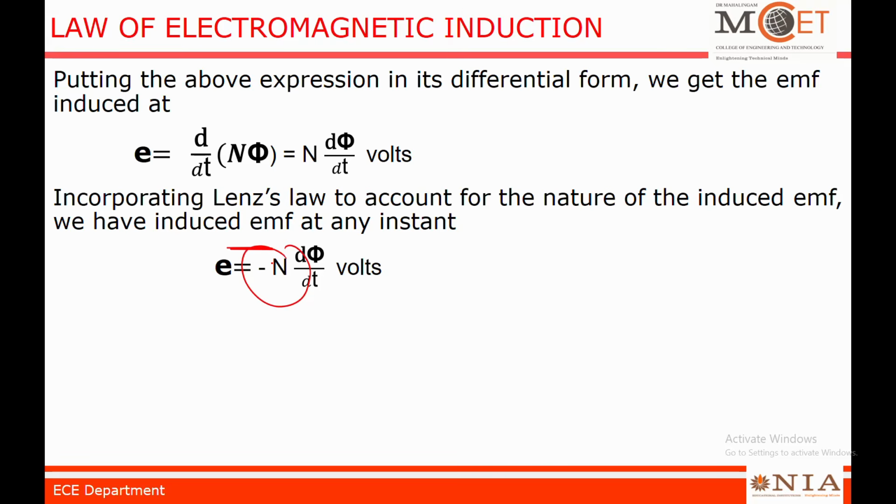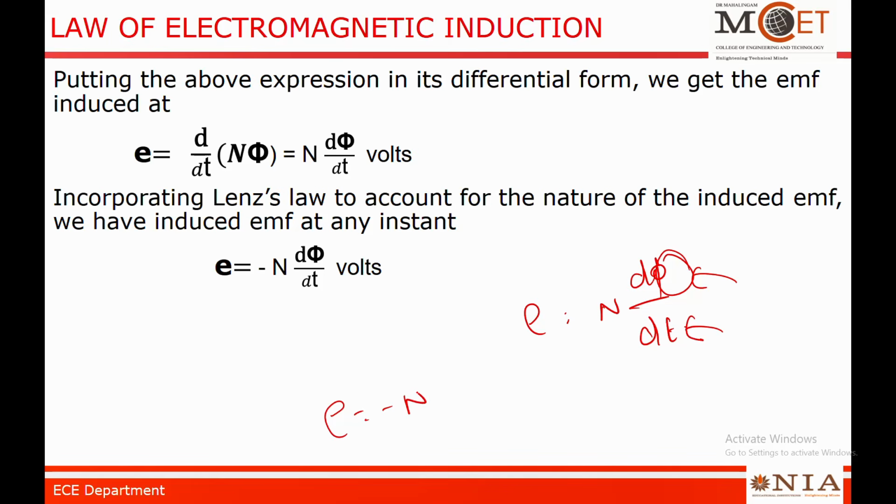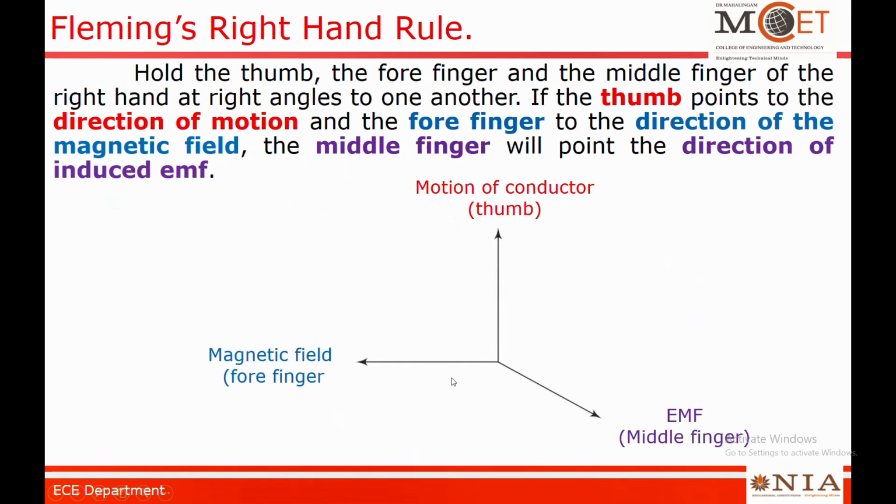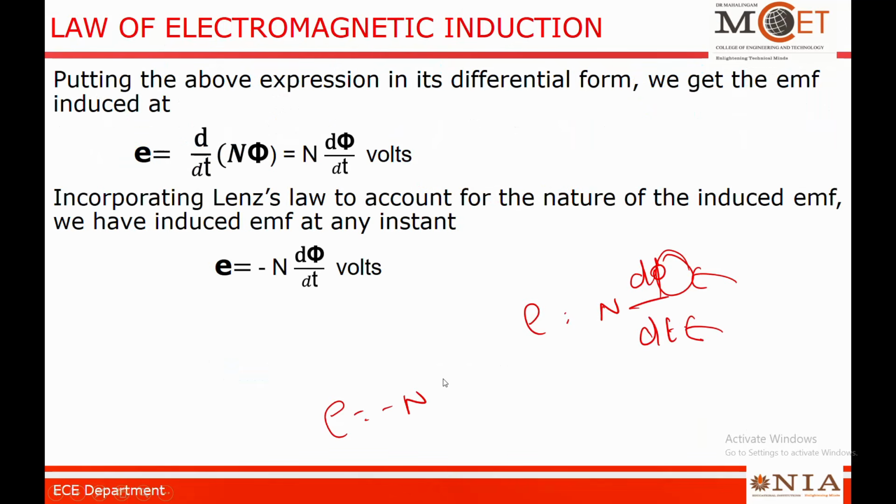Otherwise, normally the induced EMF E is obtained as N into d psi divided by dt. After including Lenz's law, it is minus N into d psi divided by dt volts.